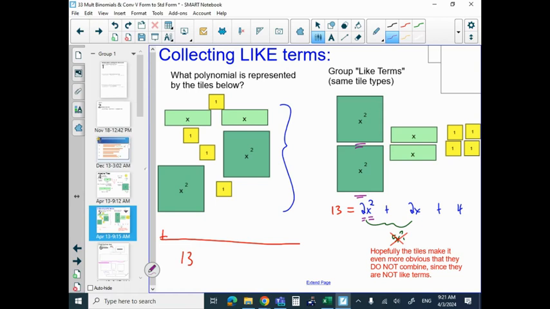There were 2 of those, and then there were 4 ones. And again, notice that you can't combine 2x squared and 2x and say something like 4x. They're not the same type of thing, so they don't combine. So this version of things would be an equation.